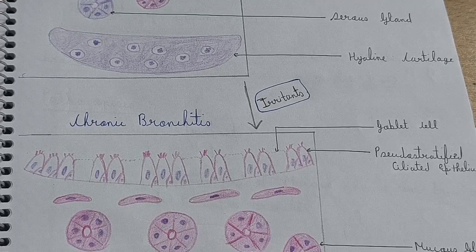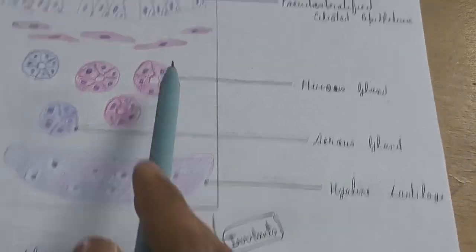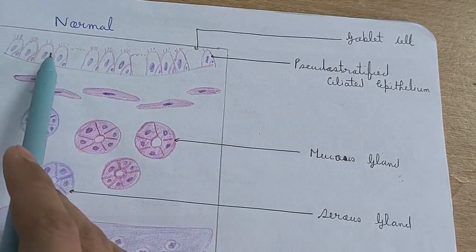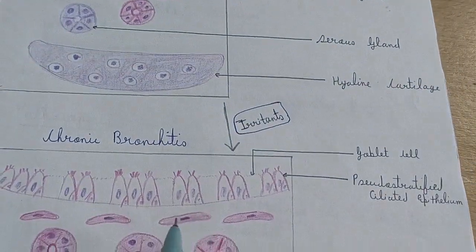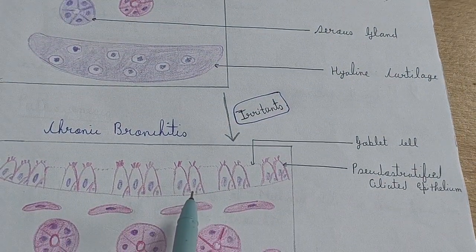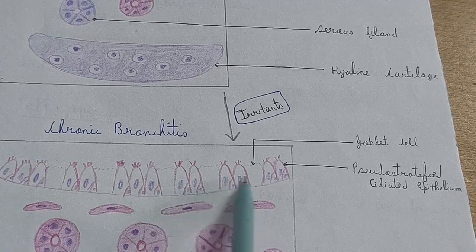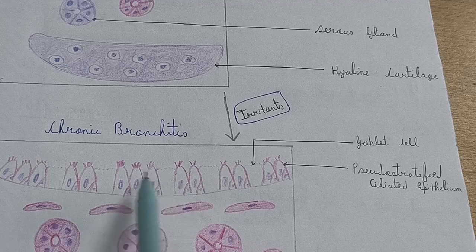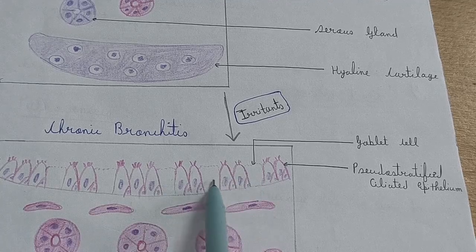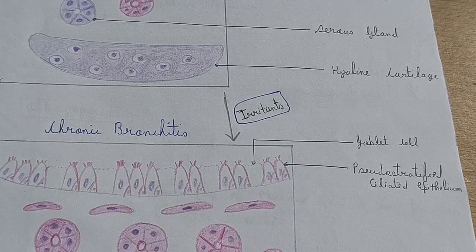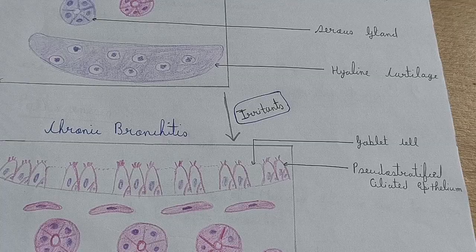How is this done? These are pseudostratified ciliated columnar epithelium. Due to the stressful condition caused by the irritants, some of the pseudostratified ciliated columnar epithelial cells get converted to goblet cells, and therefore you can notice metaplasia of goblet cells.